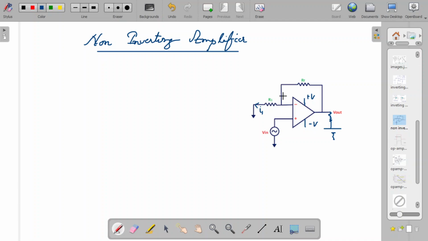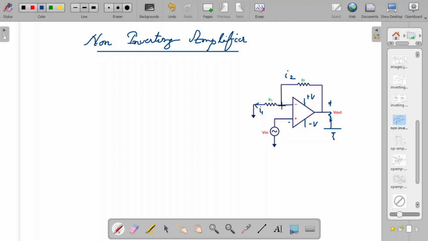Now you talk about the current I2. What will be its direction? You give a voltage at the non-inverting terminal. Suppose you give a positive voltage, and you get an amplified positive output.